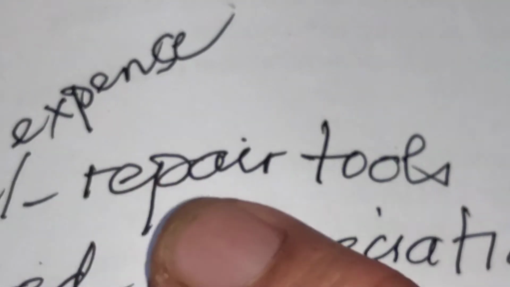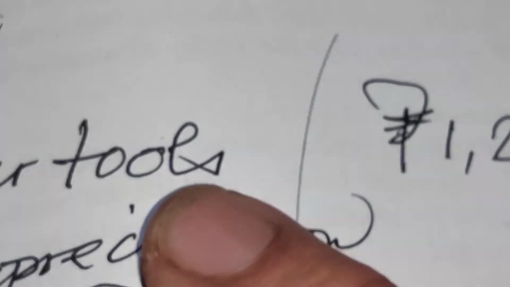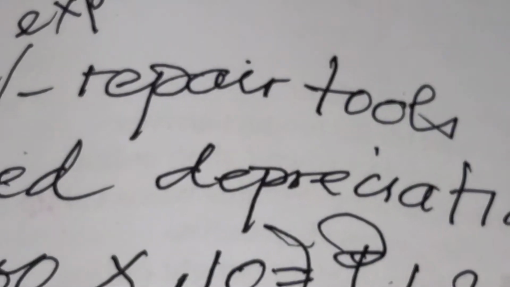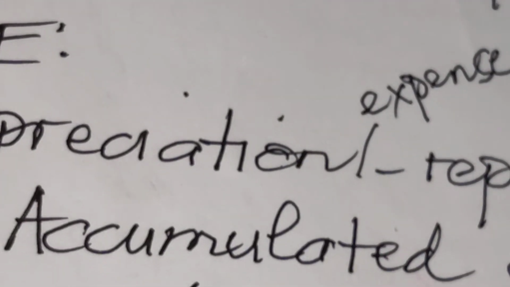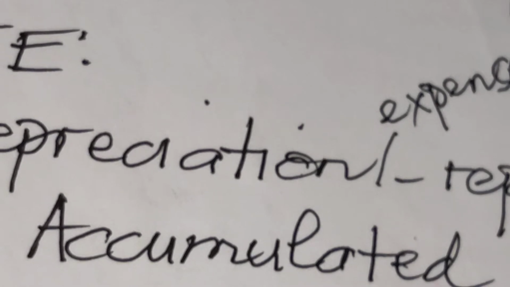It is book depreciation, but that is already understood as depreciation expense, of repair tools. You state what you depreciated: 1,200. And then credit accumulated depreciation, 1,200. Accumulated depreciation is a contra asset. So your repair tools will have a credit of accumulated depreciation later on. But you are now declaring depreciation as an expense, so you debit it first.